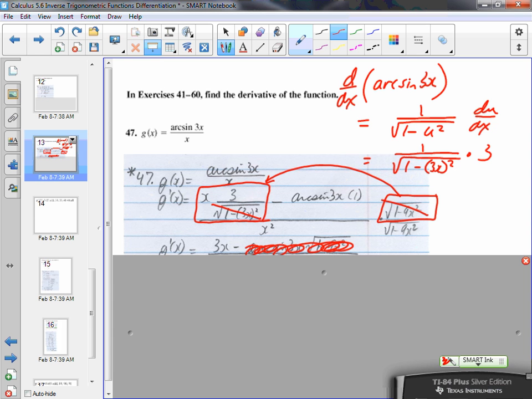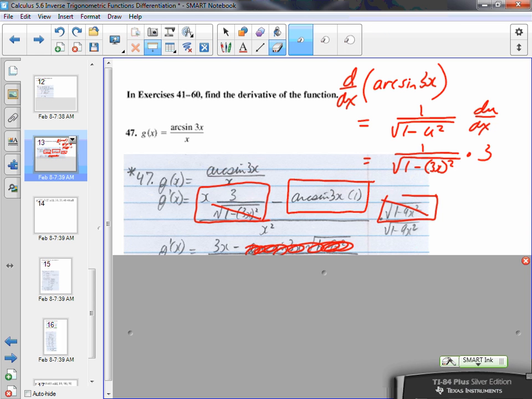Next, I have to multiply that square root of 1 minus 9x squared times that. All right? Don't ignore the negative, so either just copy it down or think of it as I'm multiplying a positive times a negative.